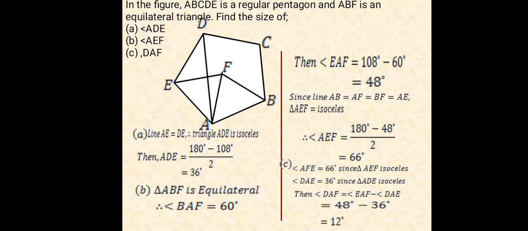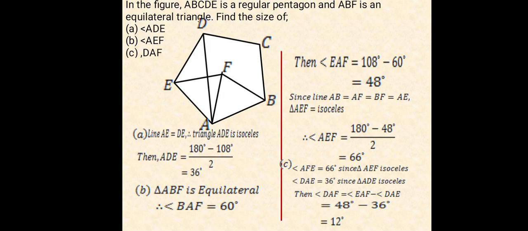We know each interior angle of a pentagon is 108 degrees. Now, if one angle is given as 108 degrees and ADE is an isosceles triangle, for the remaining angles we just take 180 degrees minus 108 degrees divided by 2. So ADE, being one of those remaining angles, is 36 degrees.